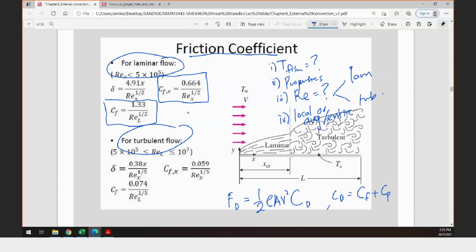Okay, remember for this case, no pressure because it is a parallel flow. The coefficient due to pressure is very small and can be neglected, and that's why this value is 0. So you can get it directly from either this equation for turbulent or laminar, or for the local.